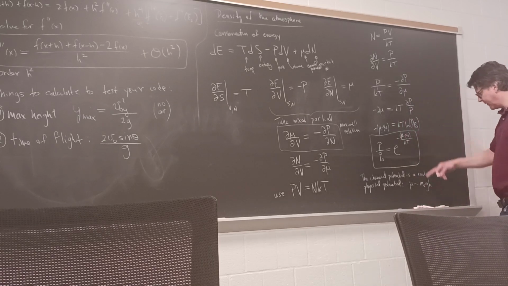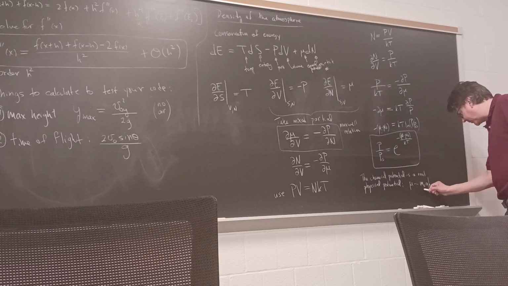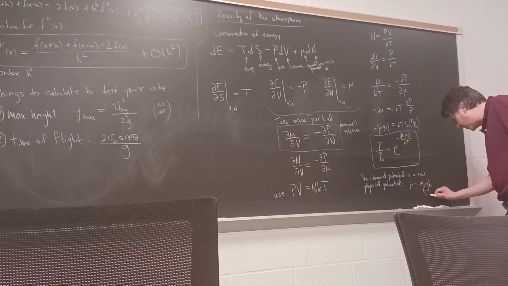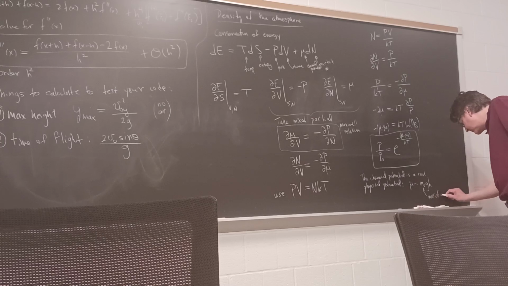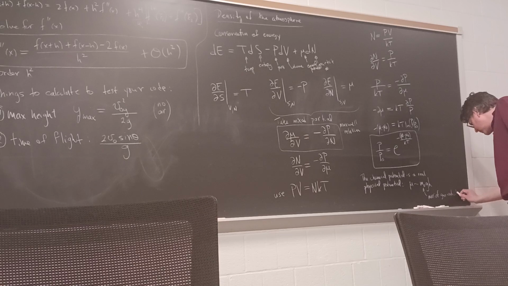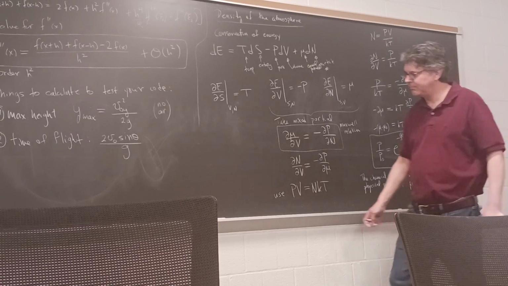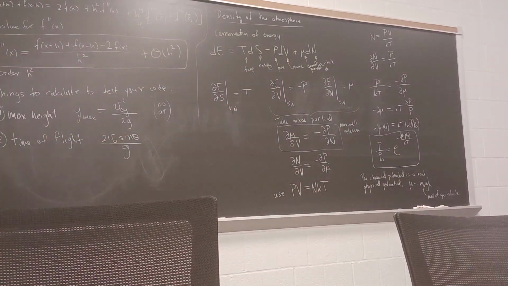It's just the gravitational potential energy of a molecule, so if this is the mass of a molecule. Okay, so we have that P is equal to P0.